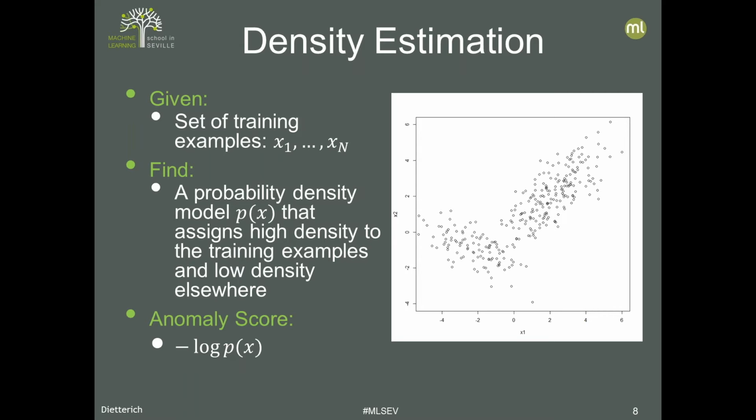We're given a set of training examples, and we want to fit a probability density model that assigns high probability density where the training data are and low density everywhere else. Then back in 1948, I believe it is, Claude Shannon introduced information theory, and one of its concepts is called surprise. Surprise is the negative of the log of the probability of an event.